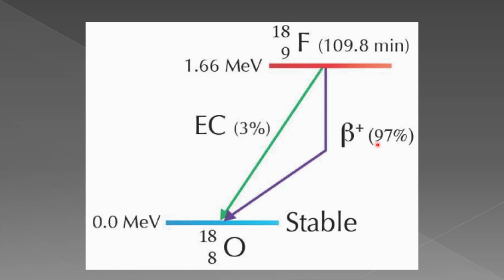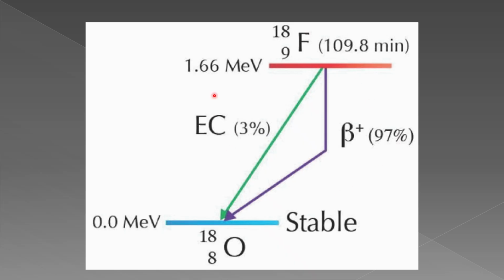Remember, electron capture and positron are very similar. If you go back to that last slide, you'll see that both of them come from the same type of instability in the nucleus. If an element does not have enough energy to undergo positron decay, then it will undergo electron capture.